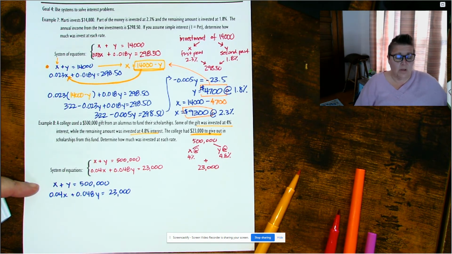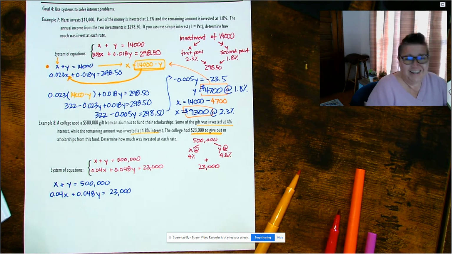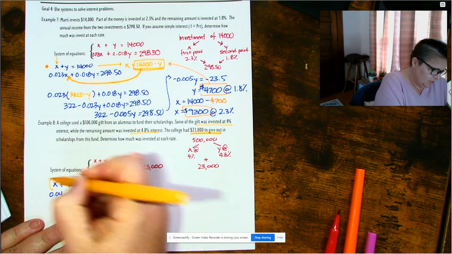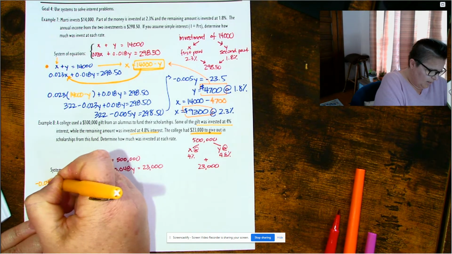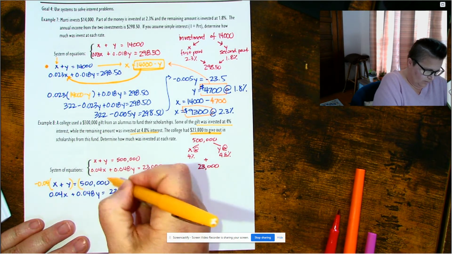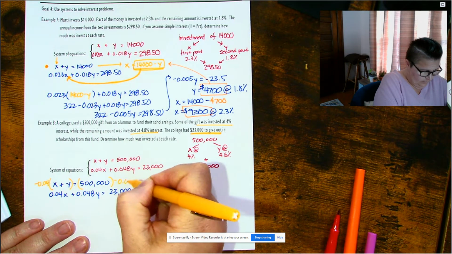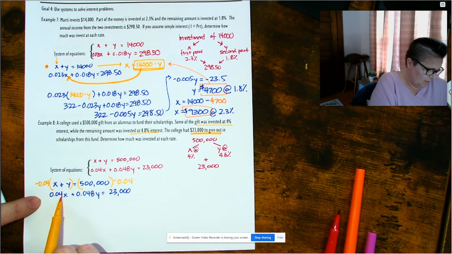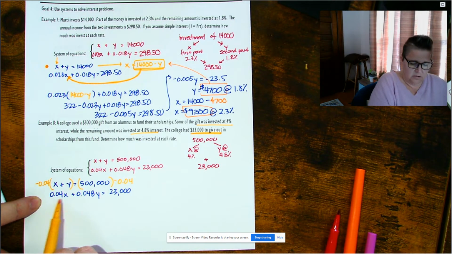For this example, I'm going to go ahead and do the elimination process. To do that, I need to use some odd numbers, but I just want to show you that it is possible. Okay? So in this, I'm going to take this top equation, and I'm going to divide it by a negative 0.04. It's not a whole number, but it is going to give me the opposite coefficient here.